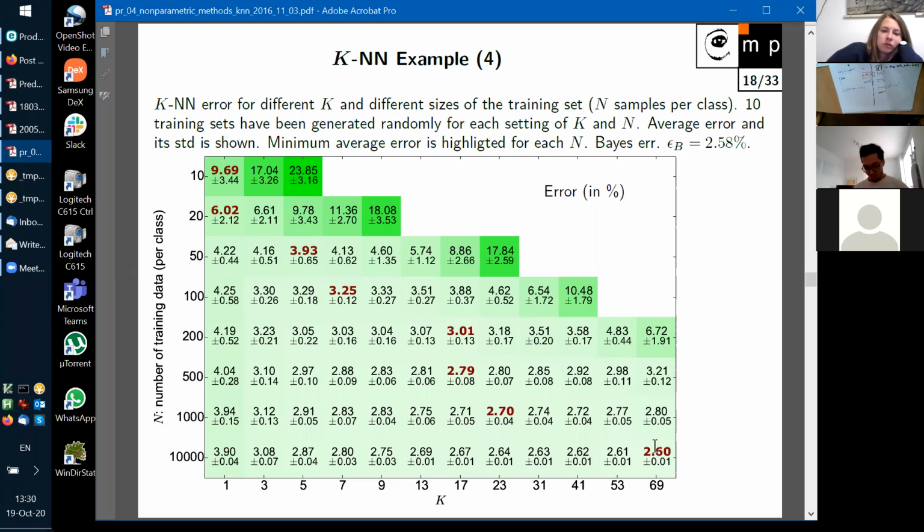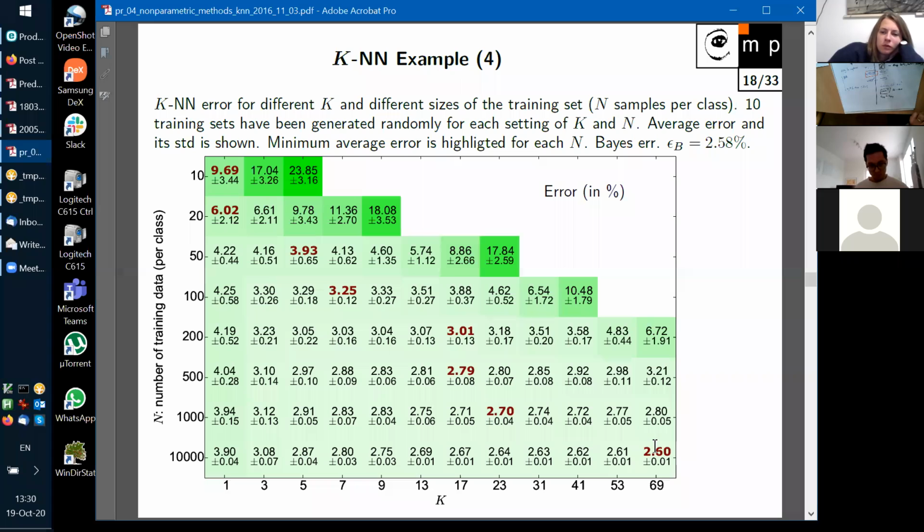Now, we'll get to what can be achieved with the nearest neighbor classifier, and there will be a surprising result, that the error, even for n going to infinity, is bigger. So the error of nearest neighbor is greater than the error of the Bayesian, which means the optimal classifier.